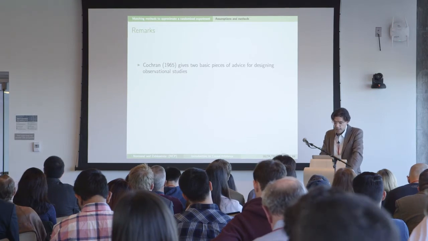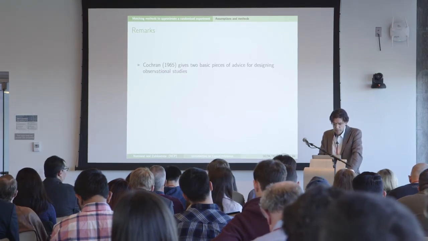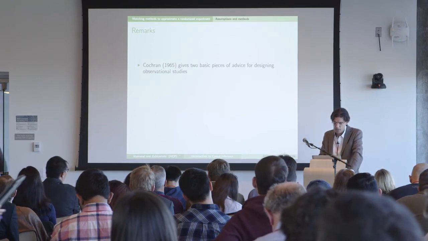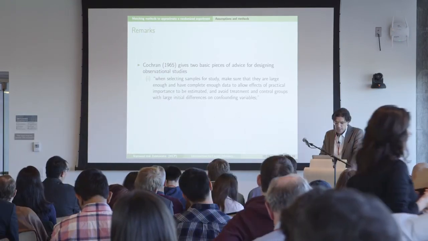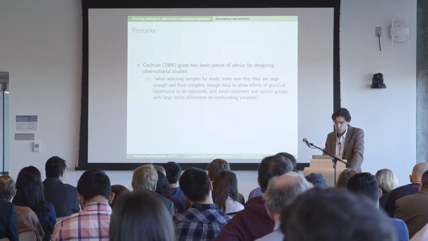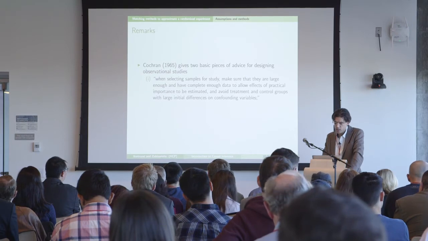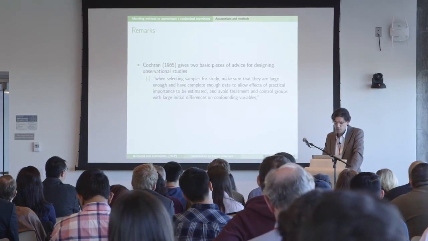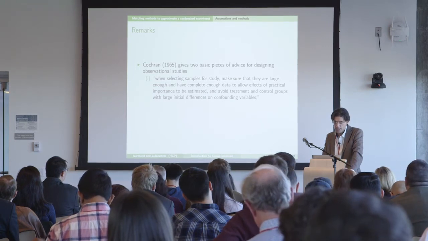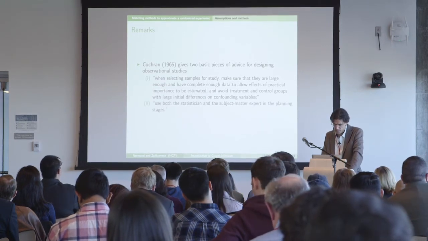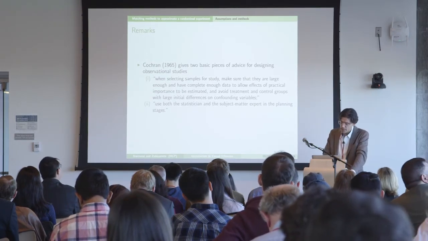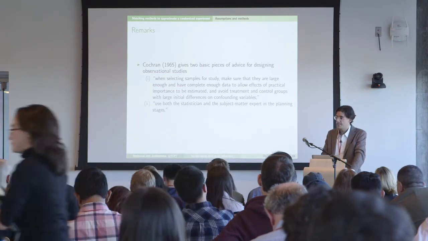So Cochran, in one of his landmark papers in causal inference, gave 2 pieces of advice when designing observational studies. First, he said, when selecting samples for study, make sure that they're large enough to have complete enough data to allow effects of practical importance to be estimated, and avoid treatment and control groups with large initial differences on confounding variables. And he also argued that we should use both the statistician and the subject matter expert knowledge in the planning stages.